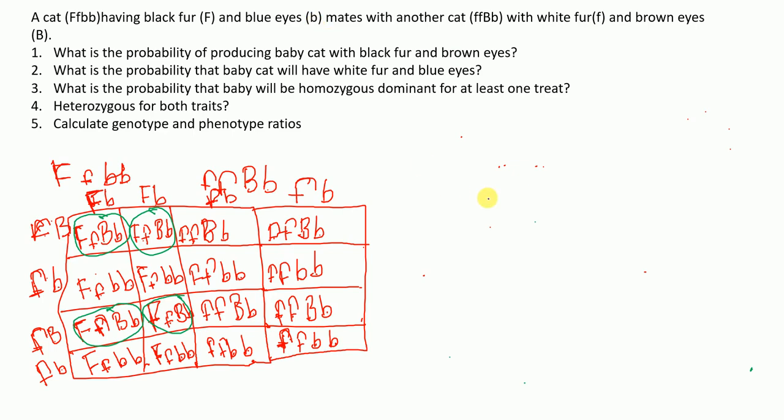To solve question number 2, white fur, what should we have? We should have small f, at least one small f. And blue eyes, we should have at least one small b.